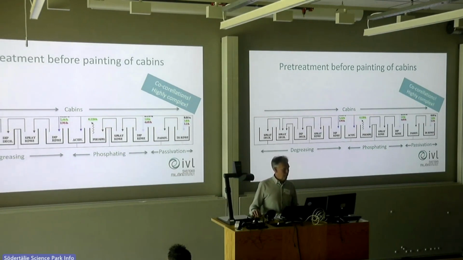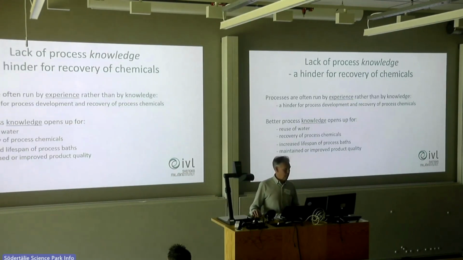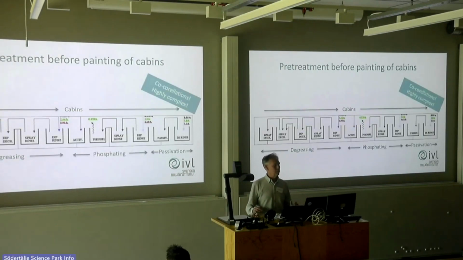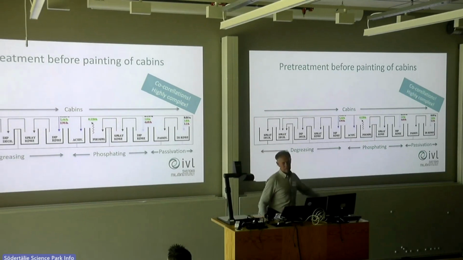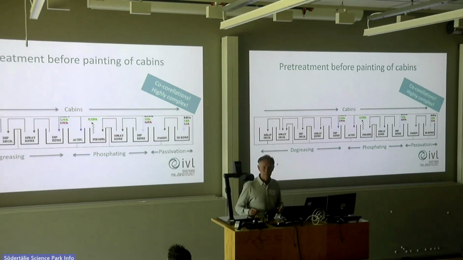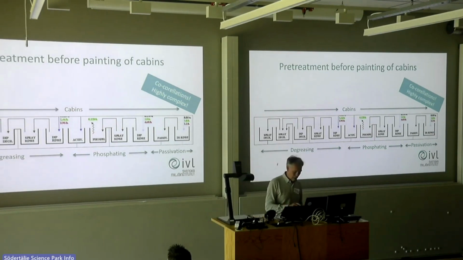And what you should be aware of is that you have a lot of poor correlations between those process paths. What you do in the degreasing step will also affect the passivation process, for example. And this is extremely hard to have a good control over all those correlations.